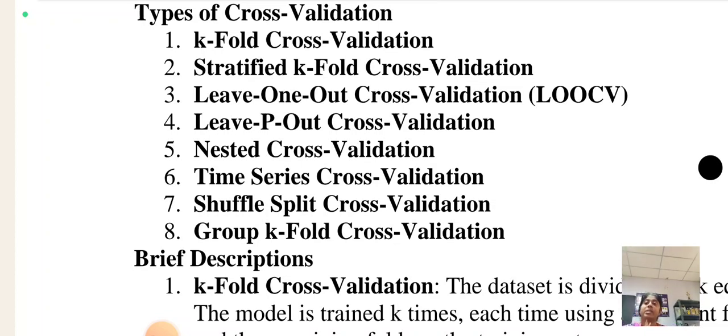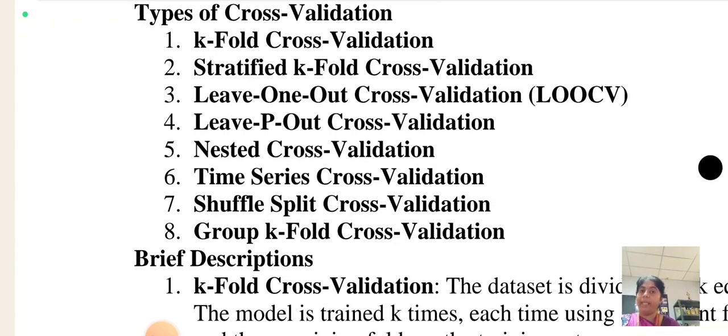The first type is k-fold cross validation. For example, you have 100 data points. The 100 data are divided into 10 parts: first 10, second 10, third 10, fourth 10, fifth 10, and so on, so 10 data sets are generated.